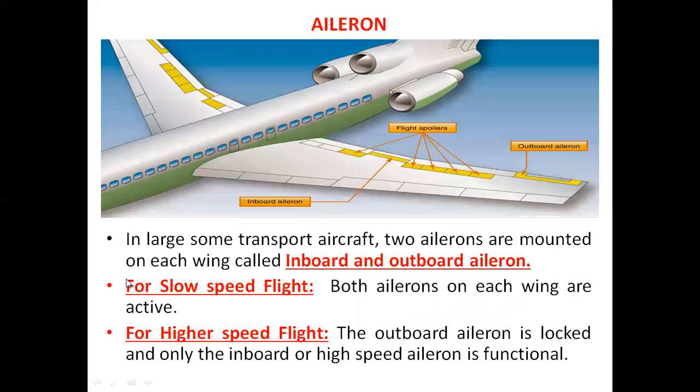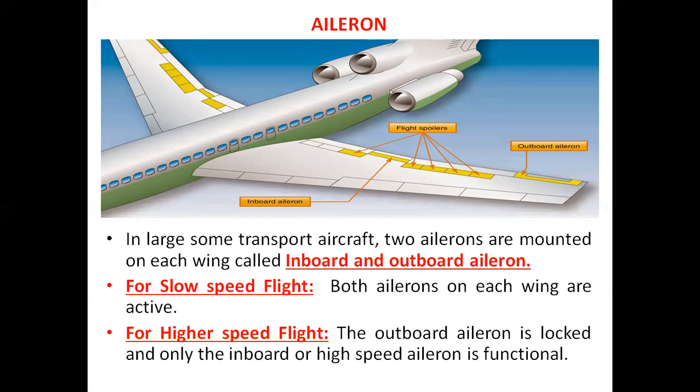Now, in large transport category aircraft, there are two sets of ailerons mounted on each wing as compared to light aircraft. Light aircraft have only one set of aileron.